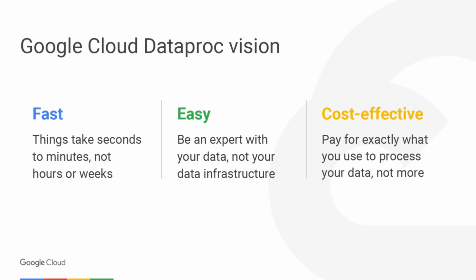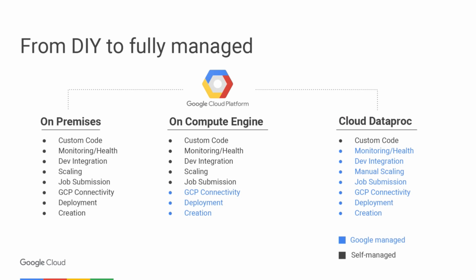We don't want people to have to be experts with the Spark and Hadoop tools that they're using. And cost effective. We want people to pay for exactly what they're using. If you use 37 minutes of a cluster, we want you to pay for 37 minutes of a cluster. Ultimately, Cloud Dataproc is kind of an endpoint in the journey from do-it-yourself to a cloud migration.